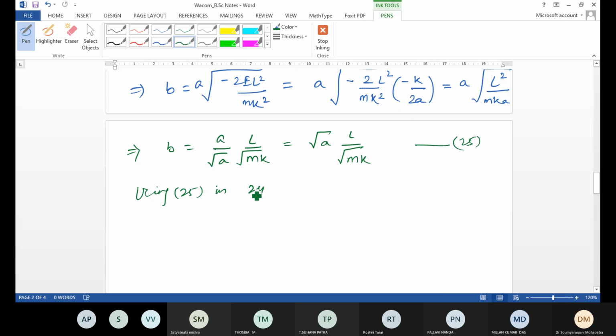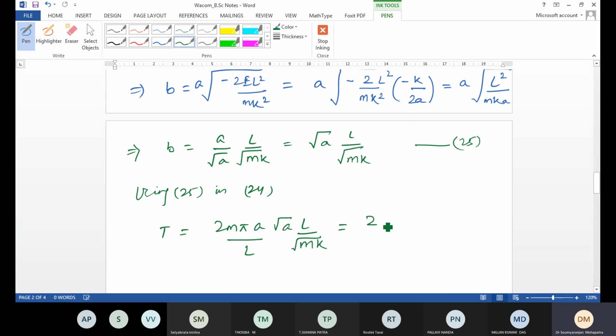Using 25 in 24, T is equal to 2 M pi A, and B is root over of A L by MK, and one L was there here, so it will be cancelled.